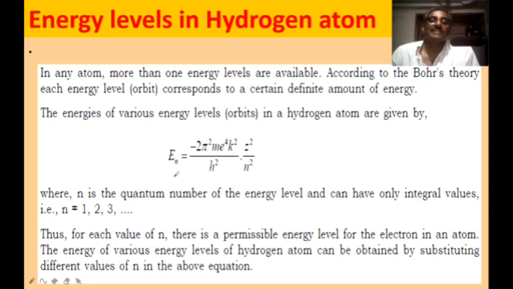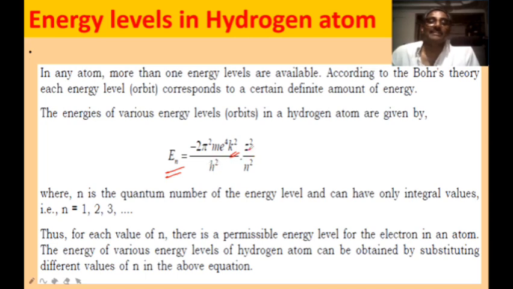Okay, we already derived the equation for the energy of the electron. En is equal to minus 2 pi square m e to the power of 4 into k square by h square into z square by n square. En means energy of electron in the nth orbit. In CGS system, we can eliminate this k as the value of k is equal to 1.